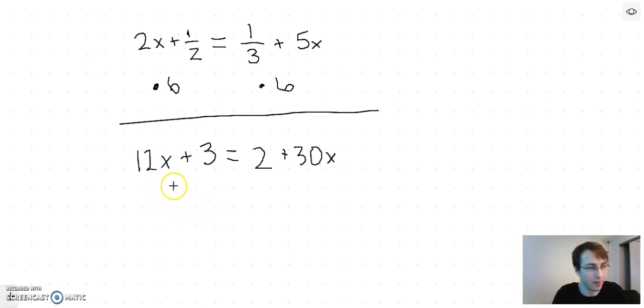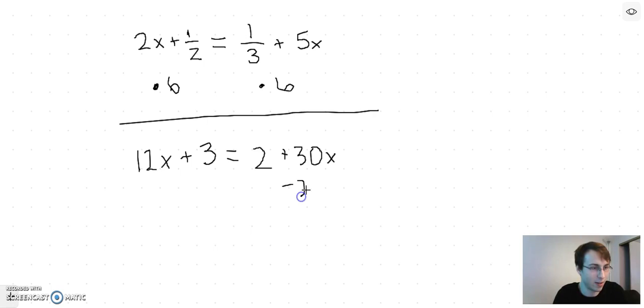So maybe we usually like to solve for the variable on the left hand side. You could also do it on the right hand side, but just for the sake of example, since I also want to show what happens when you get a negative number on the x, let's minus 30x from both sides to get it on this side.